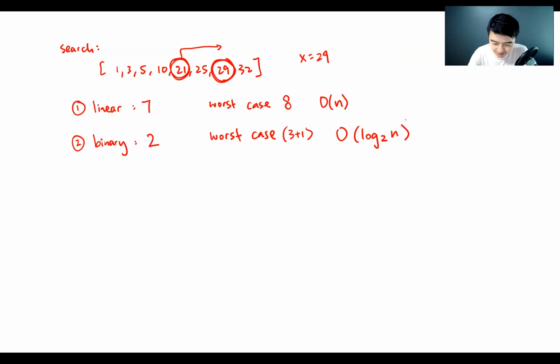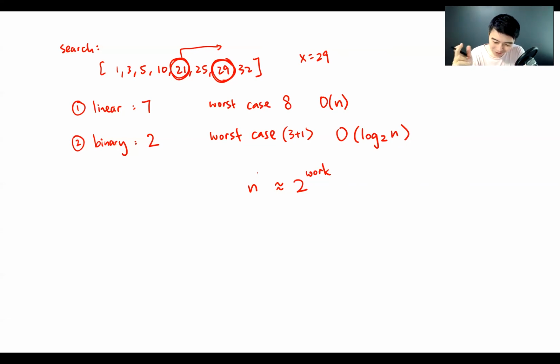It turns out that n is proportional to 2 to the work. Without getting into the details of how this works, it's because we're cutting things in half every time.